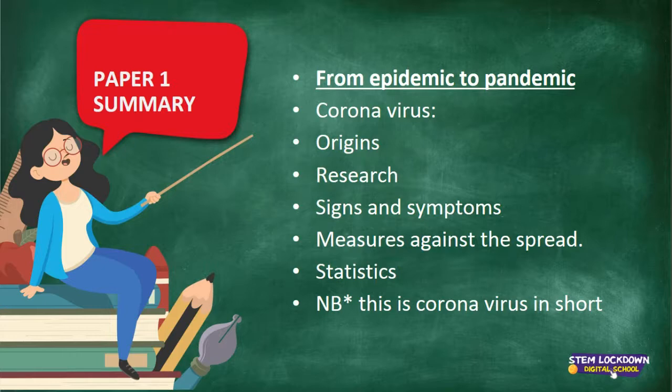I'm having coronavirus, the origins, research, all these things, they can be presented in a nutshell as from epidemic to pandemic. Now we are going to move on, and then we look at how best we can write a summary at grade 12.